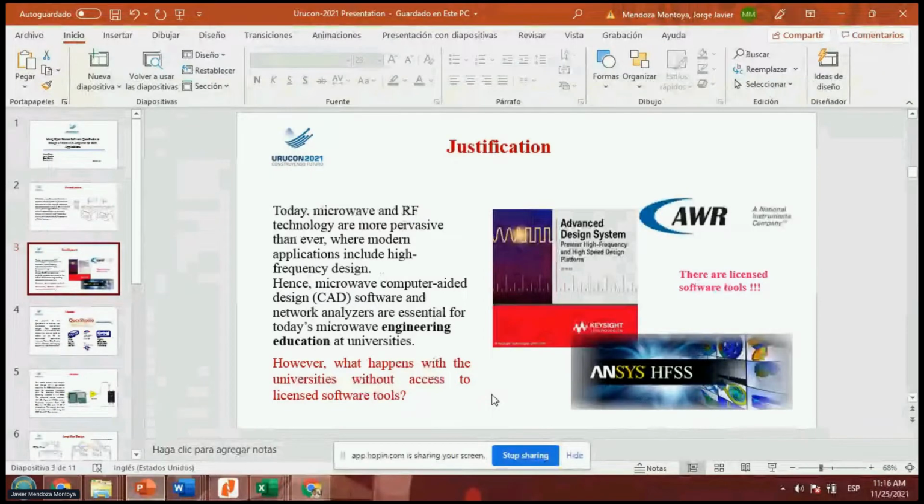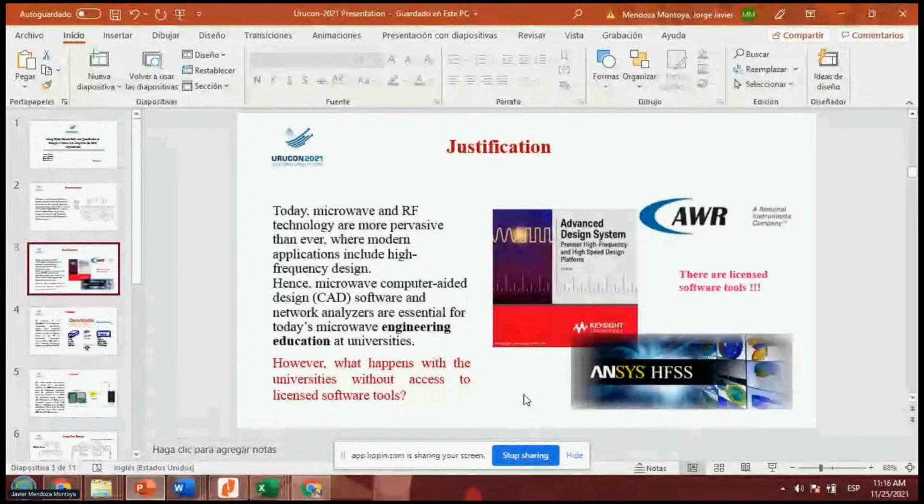Justification. Today, microwave technologies are more pervasive than ever, where modern applications include high-frequency design. Hence, microwave computer-aided design software and network analyzers are essential for today's microwave engineering education.